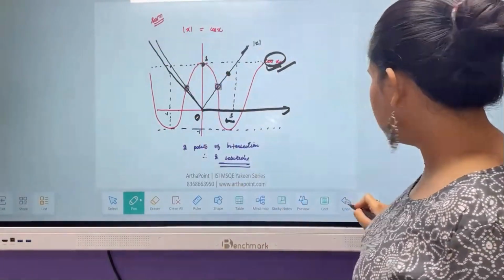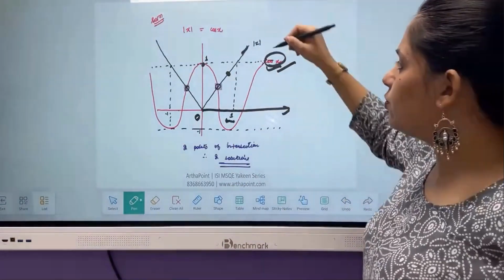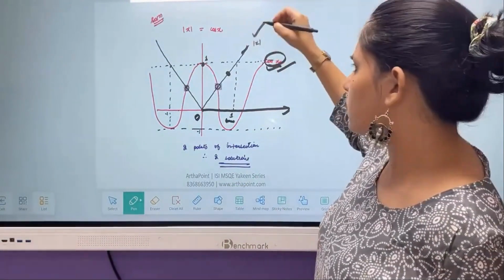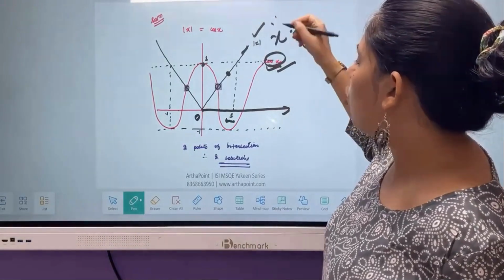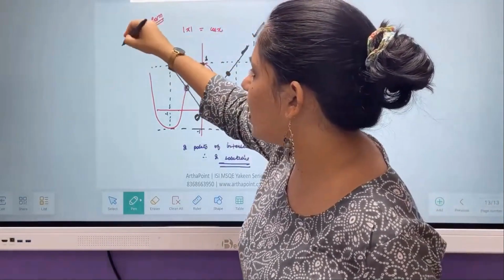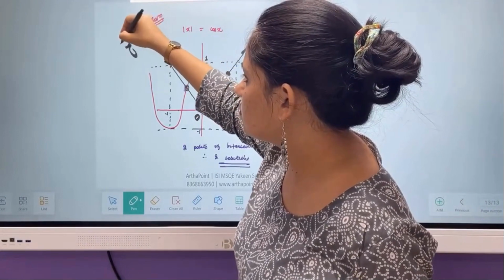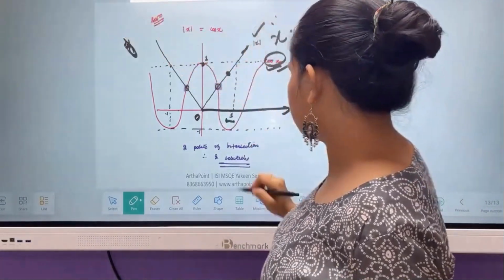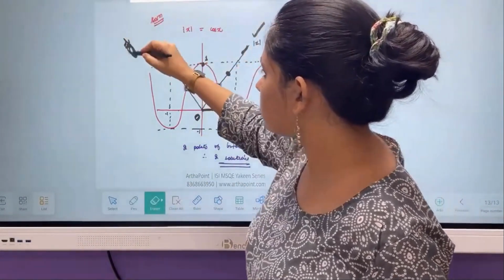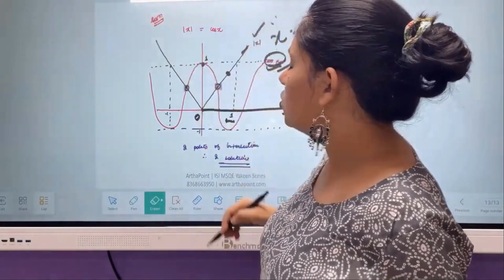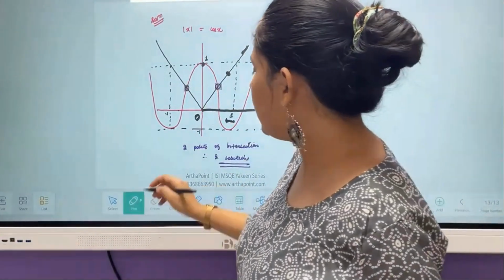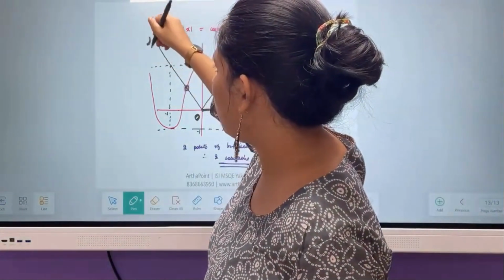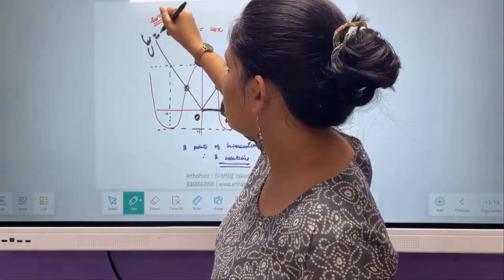So what I have done is I have gone ahead and plotted mod x. Mod x is what? Very simple. Either x and y are equal to each other, or y will be equal to mod of minus of x.